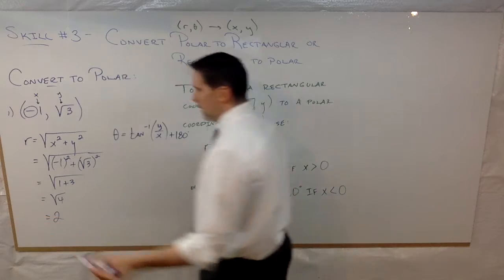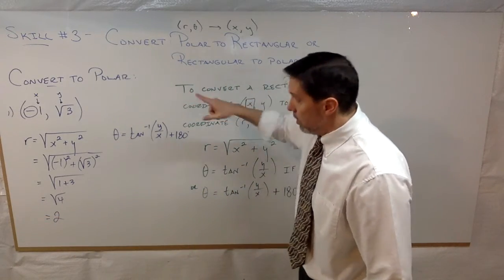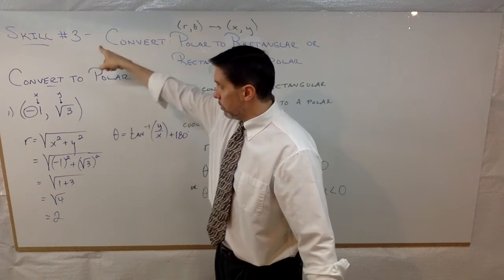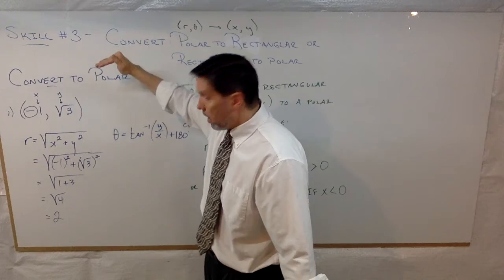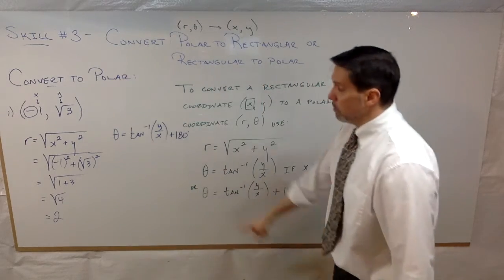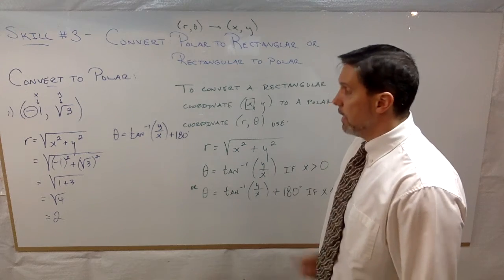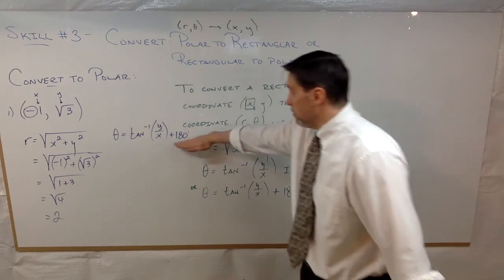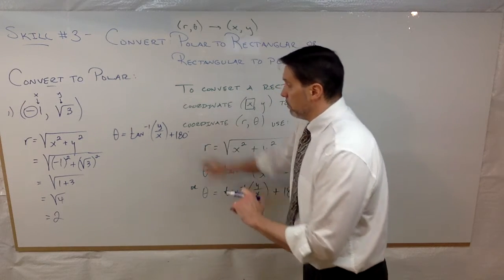Why? Because the x-coordinate is negative. If you think about where this point is located, it's 1 to the left, square root of 3 up, that's about 1.7. So 1 to the left, 1.7 up, that puts you in quadrant 2. No way will tangent inverse give you a quadrant 2 angle answer here. So it needs some help. It's going to be diametrically opposed. So that'll get us the correct one by adding 180.